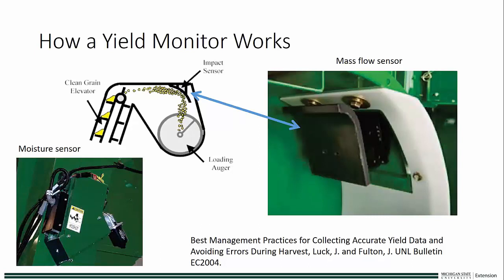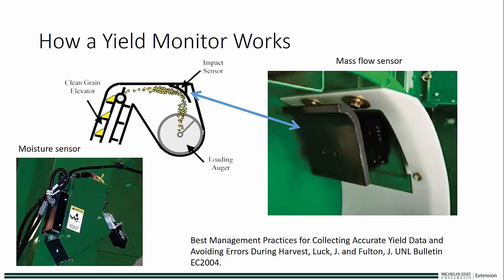As you can imagine, in a low-yielding part of the field, there's less grain hitting this mass flow sensor, so the voltage it sends back to the cab is lower. In an area of the field with high yield, the amount of flow hitting it is much higher, so the impact is higher, and it sends a higher voltage reading back to the cab. These are the two things we need in order to calculate an actual on-the-fly yield.